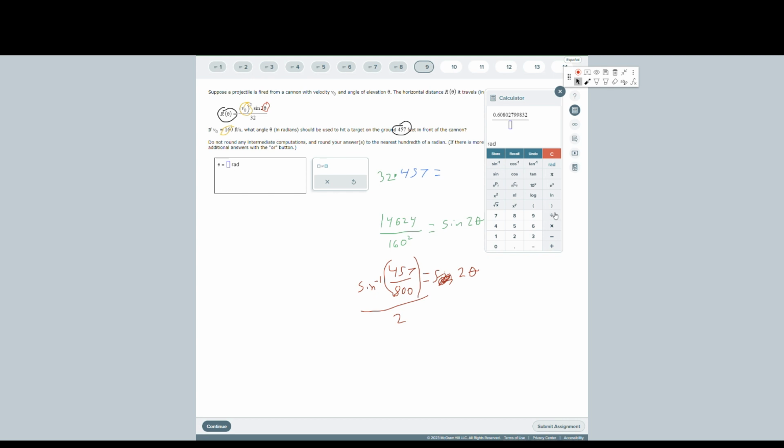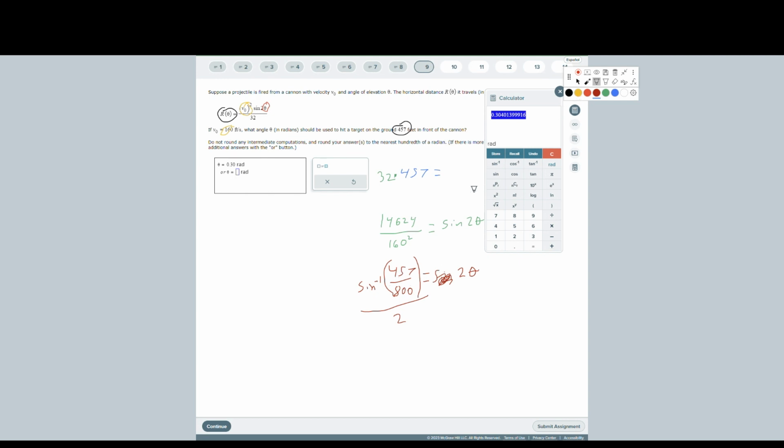It'll give us that, and then divide it by 2. And that's going to give us 0.30 radians.